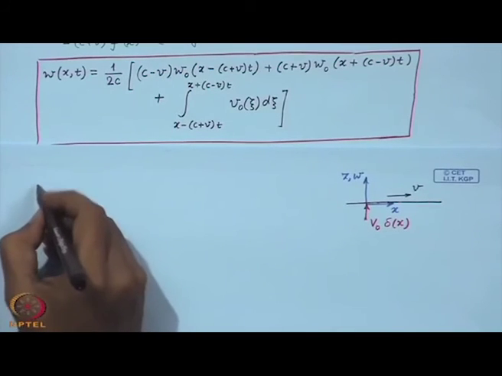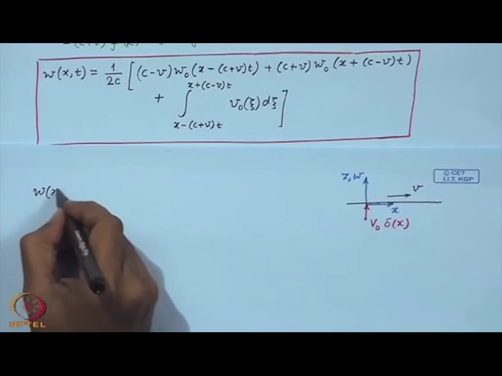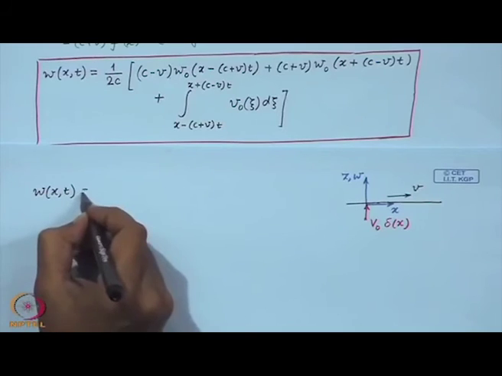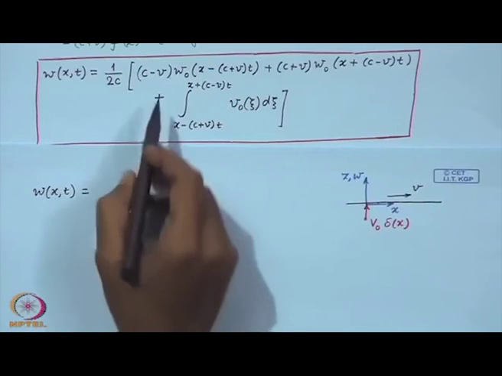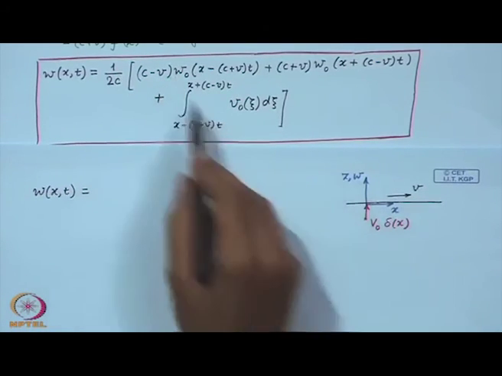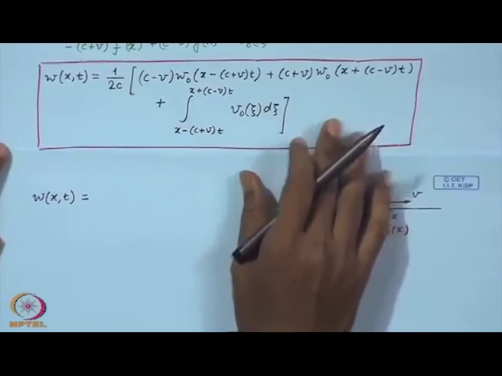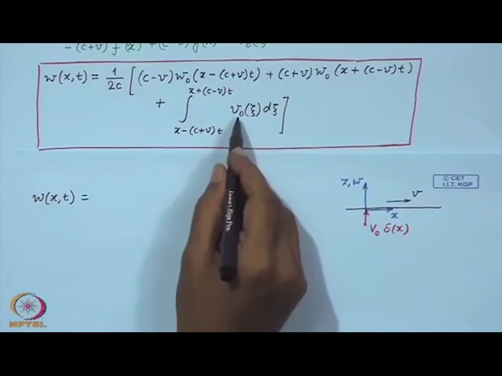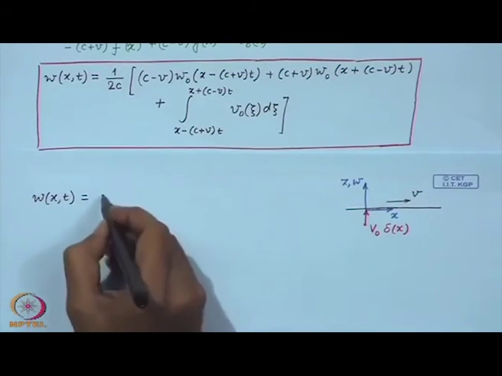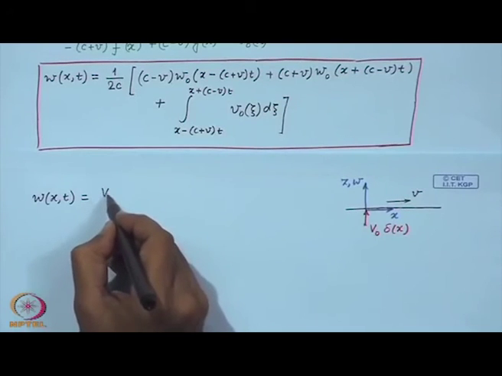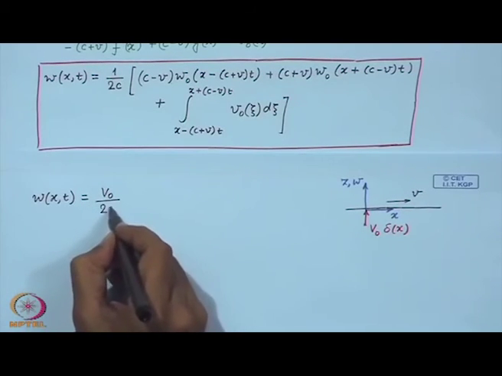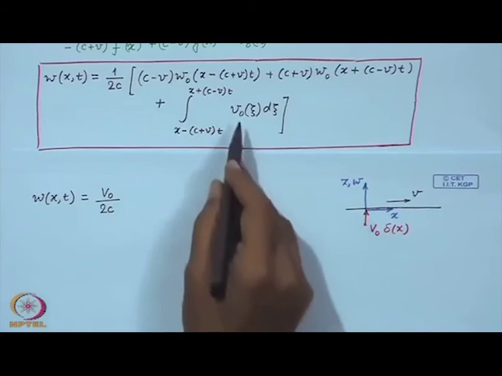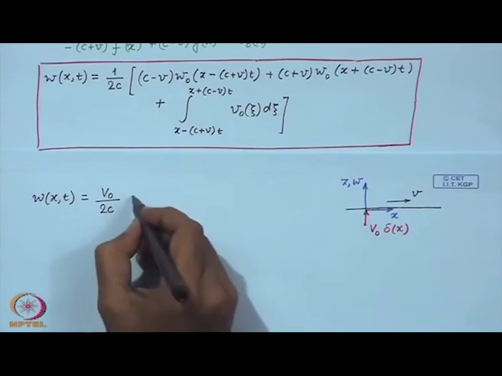So, what we obtain, so initial displacement is 0. So, w naught is 0. We have this initial velocity distribution, which is the Dirac delta function. So, this is obtained as, so the integral of the Dirac delta function is the Heaviside step function.